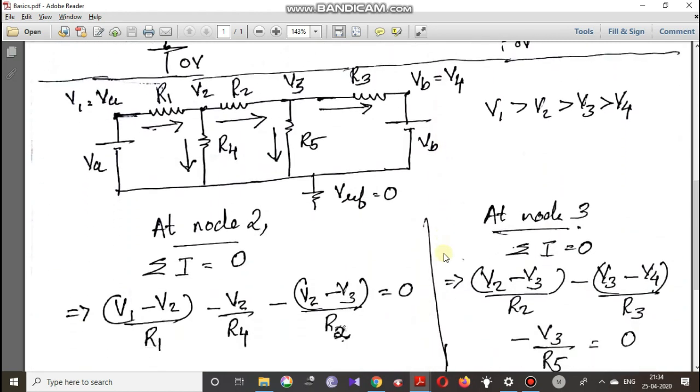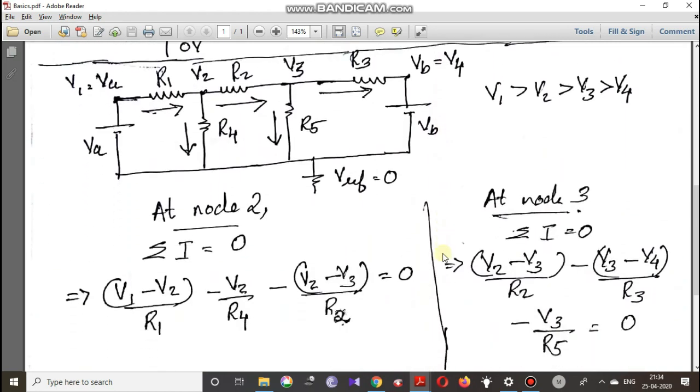So this is our question. This is a typical circuit. When we talk about nodal analysis, we must keep in mind that we are looking at the nodes and their voltages.